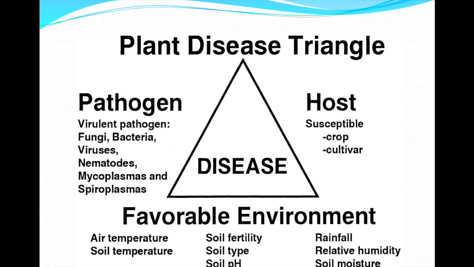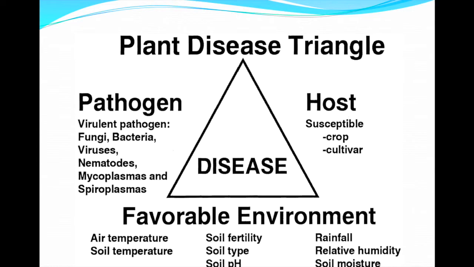To get disease, you must have a susceptible host. You may have a particular cultivar, you may have an entire crop, but you have to have a host that is susceptible to a particular pathogen in a favorable environment. Not favorable for the plant, but favorable for the pathogen to maybe produce more of itself or find an entry point into that plant.